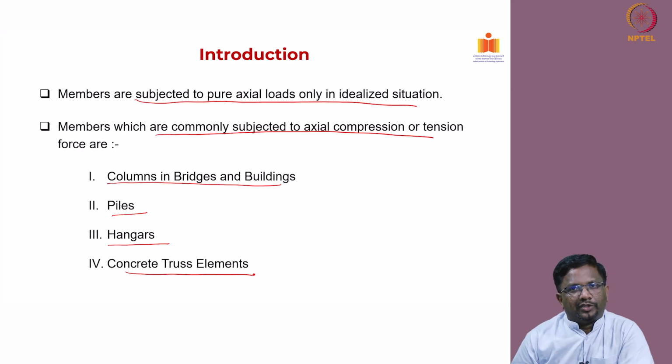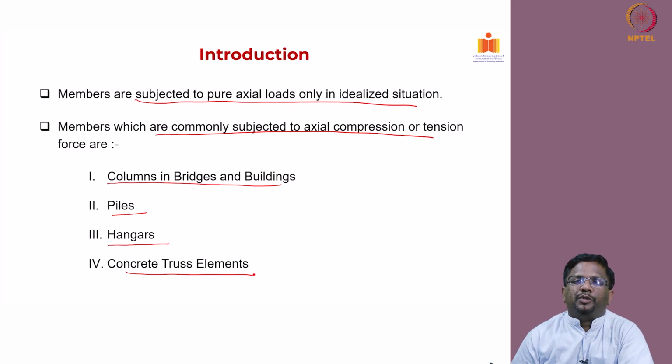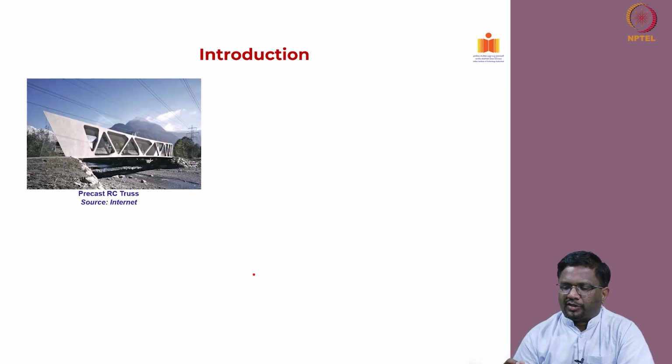When we say truss, typically we assume that it will be a steel truss. However, there are a lot of industrial structures that have been built with concrete truss elements as well. So, these are the scenarios where you will have members subjected to pure axial loads.